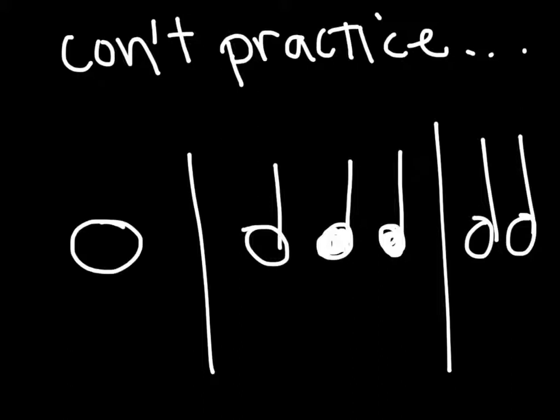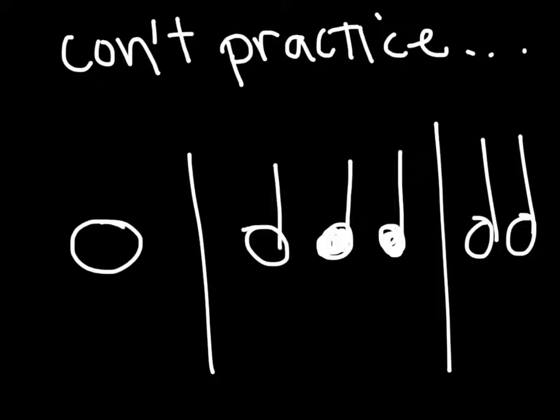Now we have a whole note here. How many beats will a whole note get? A whole note will get 4 beats. So we will hold that note for 4 beats. We're going to change the counting to where we count up to 4, and we will hold that note while we count to 4.